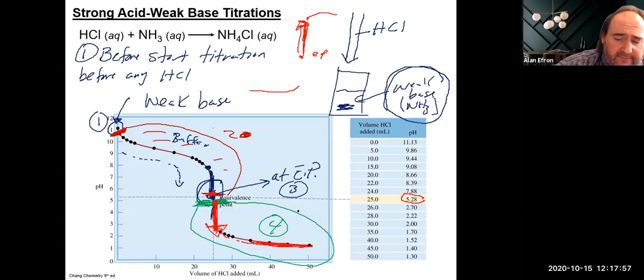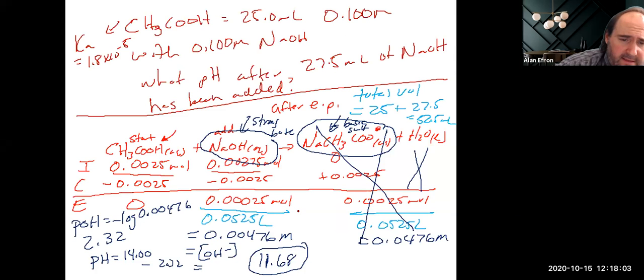So what I mean is, for example, in this titration that we did, we had 0.1 molar acetic acid, and we were titrating it with 0.1 molar sodium hydroxide.